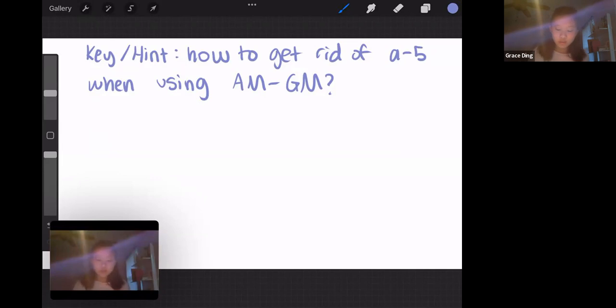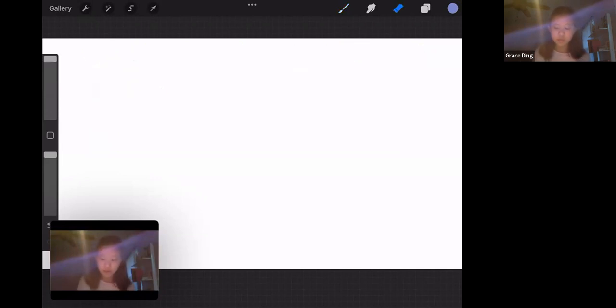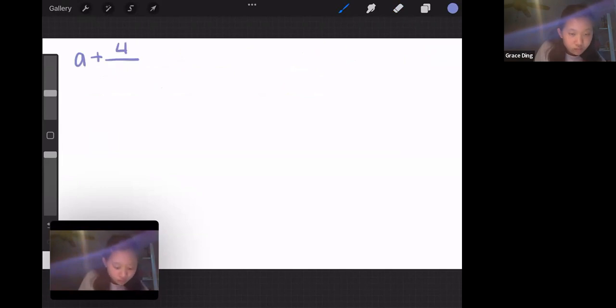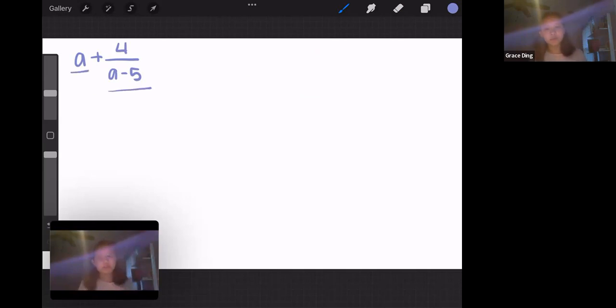So we just have to manipulate this a little bit, and then the problem turns out to be pretty easy. So when we want to do AM-GM, it's pretty obvious that once we multiply it, the A and the A minus 5 won't be able to cancel out. We won't be able to get basically a number.